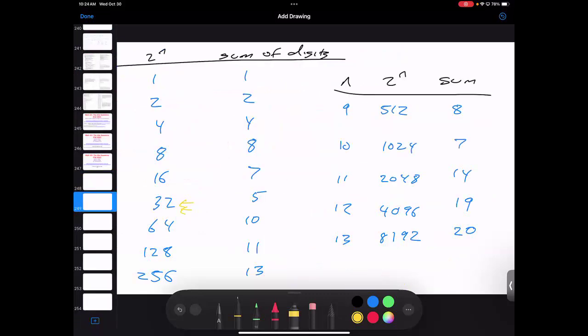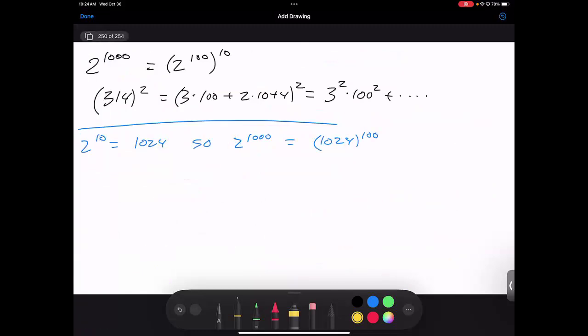And then what you could do, if you want to do things like repeated squaring, you could do 10 to the 24 to the 10th, and just make things a little bit easier. You could keep playing games.